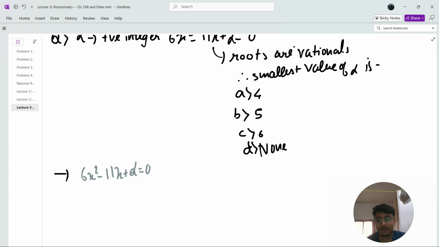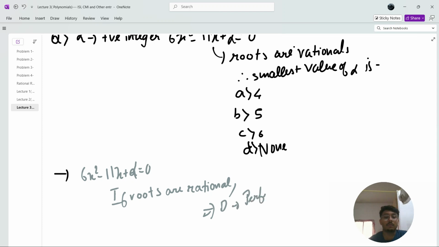We don't know anything about the roots, but we do know what the discriminant will be, that is b square minus 4ac. And an additional hint that is given is that my roots are rational. So it is pointing us to use the properties of the discriminant. As I have said, if roots are rational, D will be a perfect square.